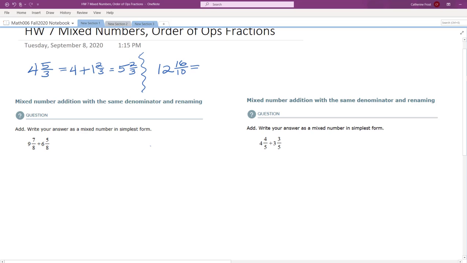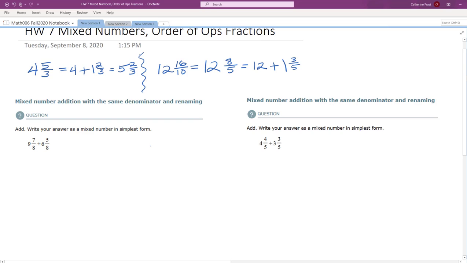I'm going to simplify it, that way the numbers are a little smaller. 16 and 10 are both even, so this will simplify to 12 and 8/5. Now I can also notice that 8/5 is improper, and I can write it as a mixed number. 12 plus, so 5 goes into 8 once with a remainder of 3, so that's 3/5.